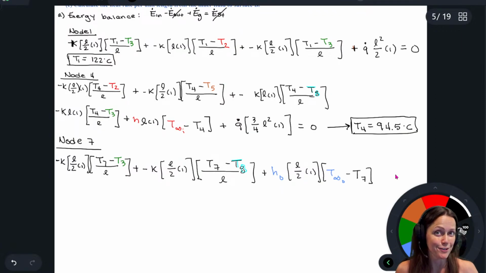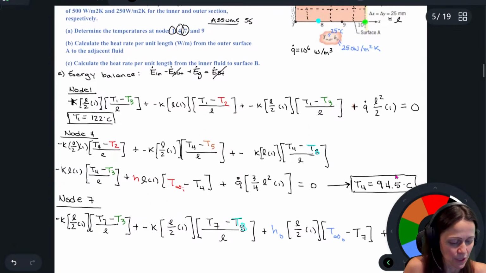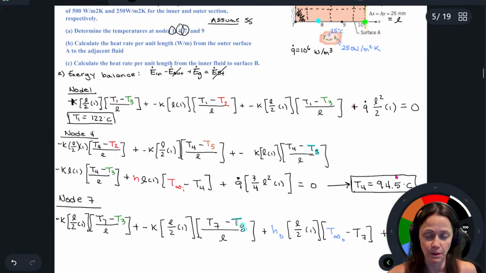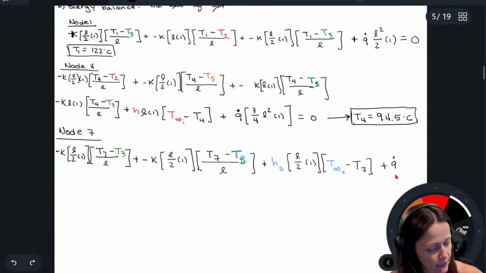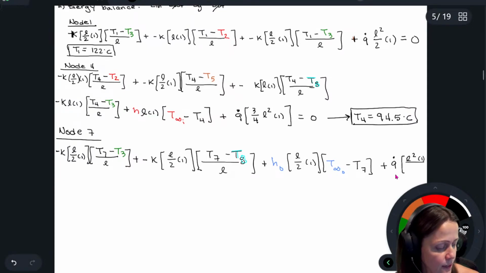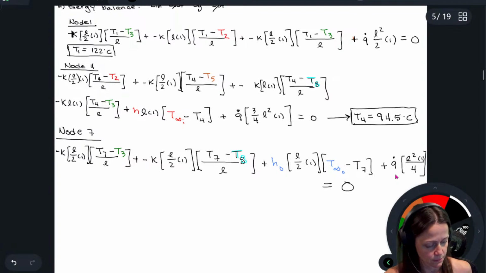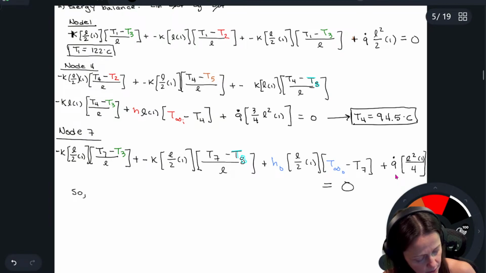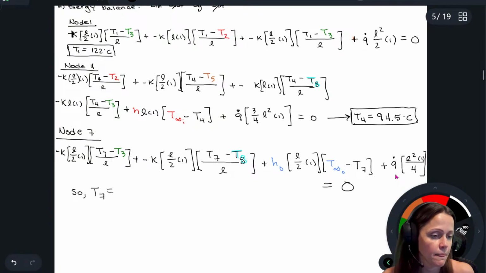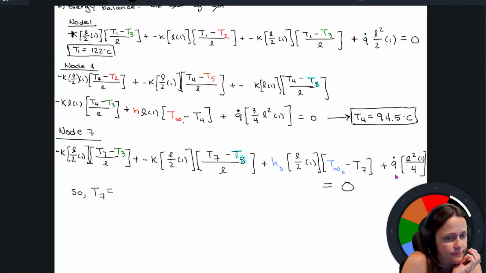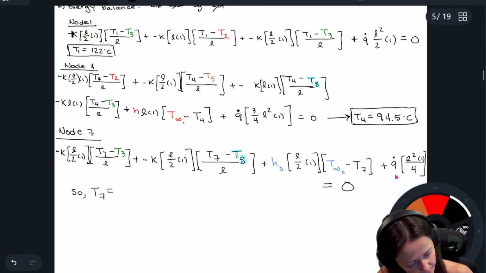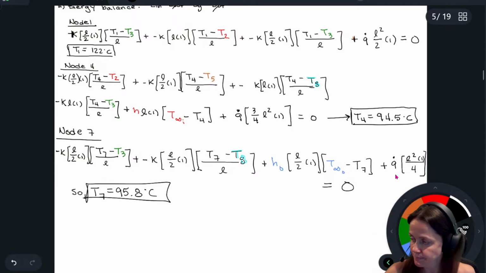And then we also have a volumetric energy heat generation term, so that's our Q dot. And of course, we're looking at a quarter of the volume of a full element. So this is going to be times L squared times 1 over 4. And all of that is going to be equal to 0. And from that, we can get our T7. So our T7 ends up being 95.8 degrees Celsius, and I will box that guy.